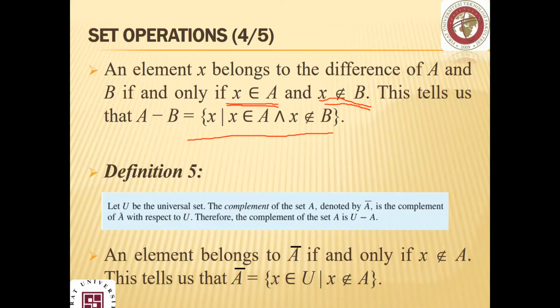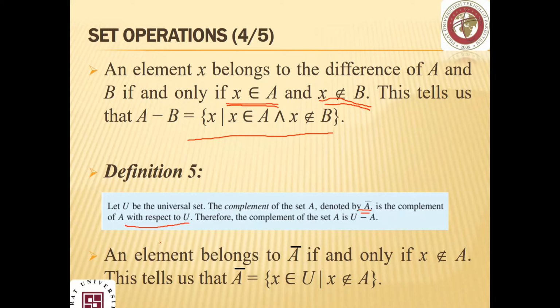So if we are considering the universal set as U, and then we want to take the complement of set A, of course with respect to the universal set, then we refer to this by A bar. We explain this in logic circuits, but now we are explaining it back in the context of discrete mathematics. So this is the complement of A with respect to the universal set. We don't actually say with respect to the universal set.